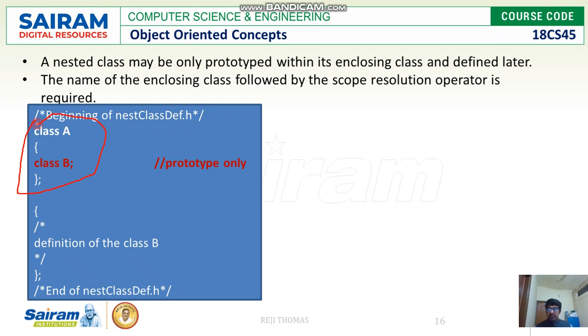What you have to do is give the name of the enclosing class, because class B belongs to the enclosing class called A. Then you give the scope resolution operator and class B. This is the definition for the nested class.